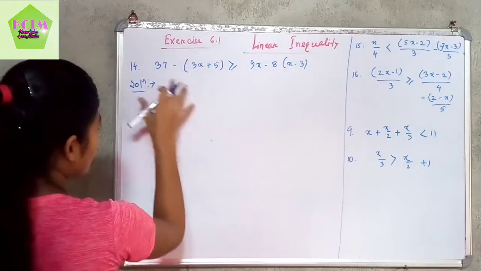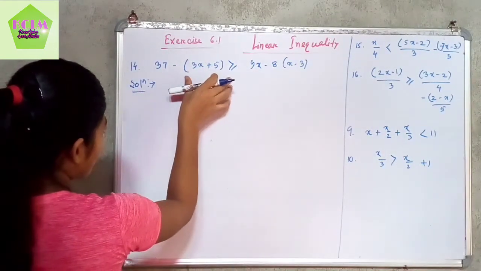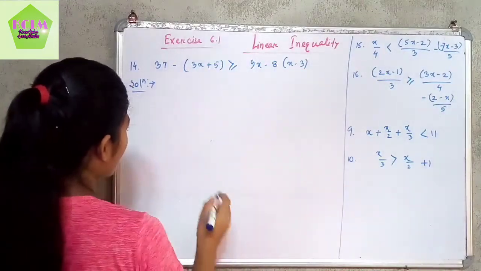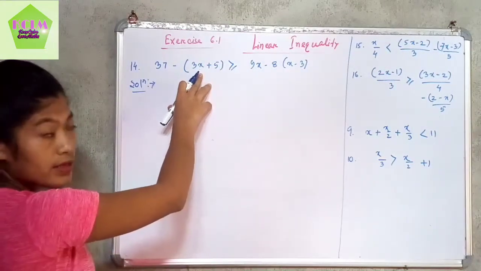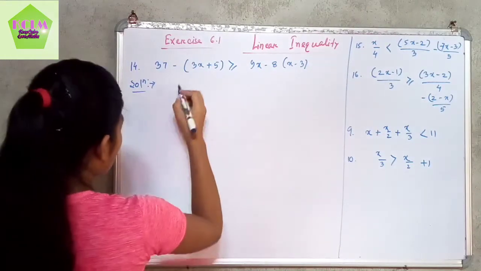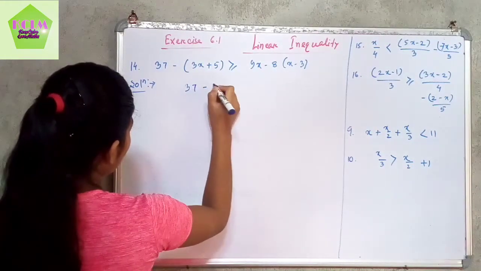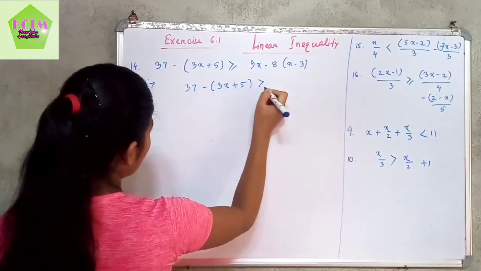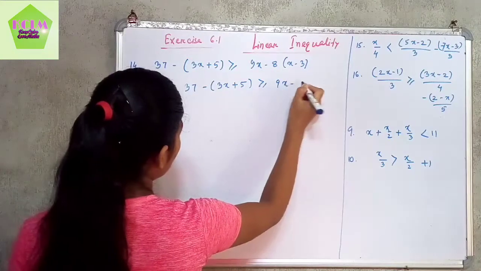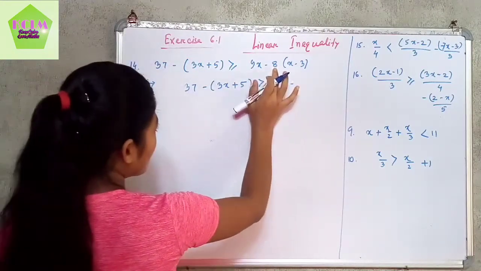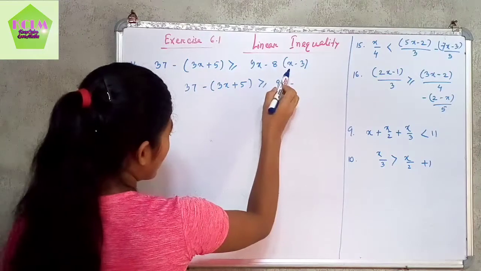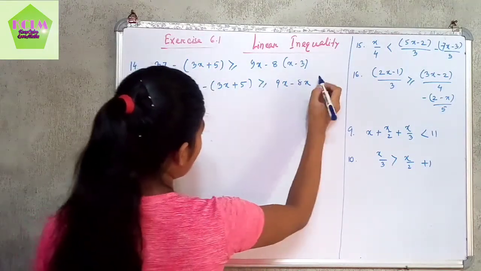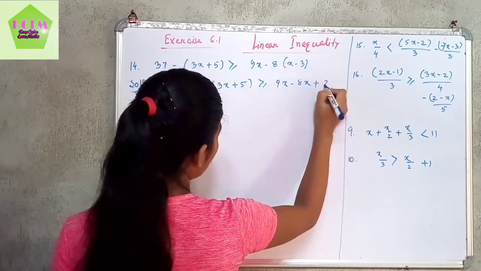We are given 37 minus (3x plus 5) greater than or equal to 9x minus 8 into (x minus 3). To find the value of x, that is for real x. Here I will multiply 8 inside this bracket, then 8x, and minus becomes plus 8 into 3, 24.